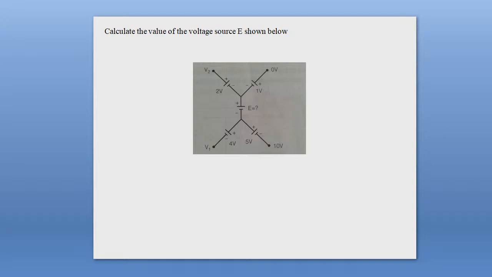From the next class we will discuss a new topic, that is theorems, superposition, Thevenin, etc. But today you solve two simple problems which are associated with Kirchhoff's laws, especially voltage law, current law, mesh equation, loop equation, node analysis, etc., whatever we have discussed so far: source conversion, independent and dependent sources, branch, loop, nodes.